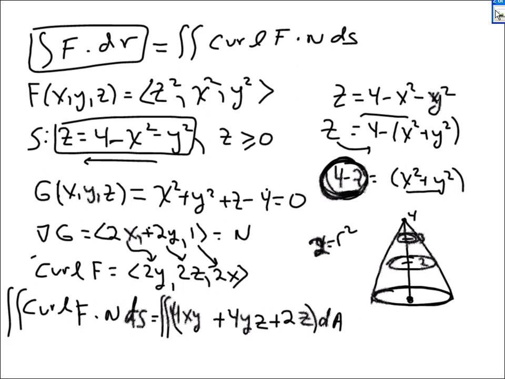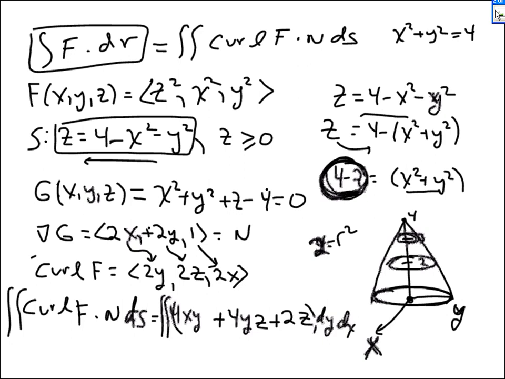And what is x and y going from? Well, they're circles. So, for example, if instead of dA, I choose to use dy dx, well, we know that x squared plus y squared in the xy plane is equal to 4.